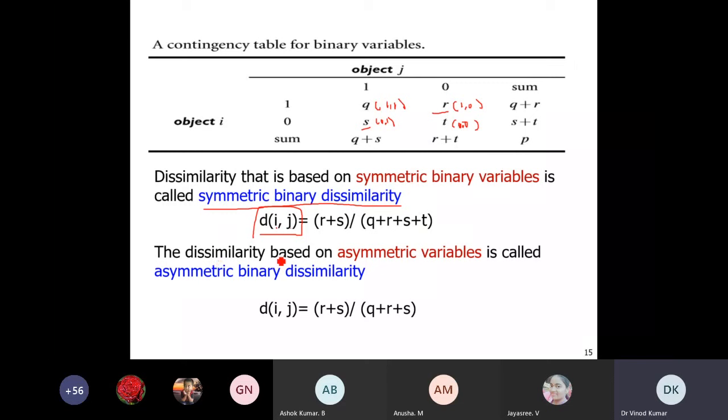If we need to find the dissimilarity based on asymmetric variables, the formula is the same, just we have q plus r plus s. We have removed the last value, that is t. So this formula is for the purpose of asymmetric.